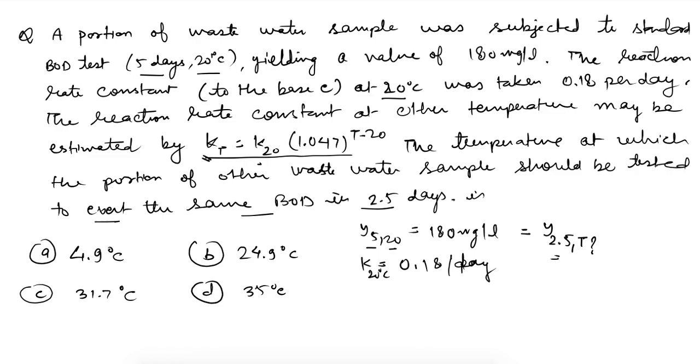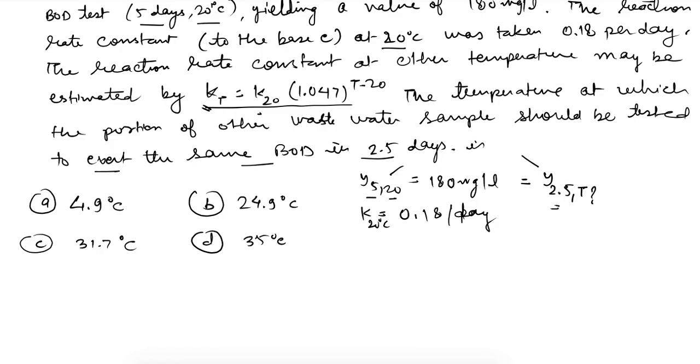In these kinds of questions where you have to relate two things, first of all try to find the ultimate BOD, because the ultimate BOD does not depend upon the temperature or the number of days. So let's find that first. We can write Y5 equals Y naught into 1 minus e to the power minus k into 5.